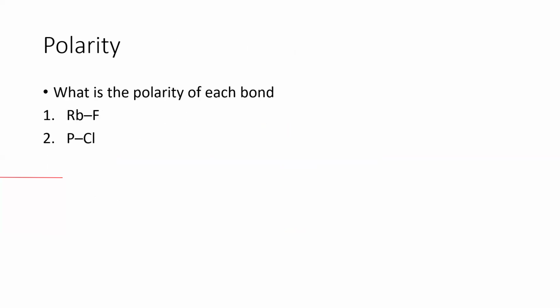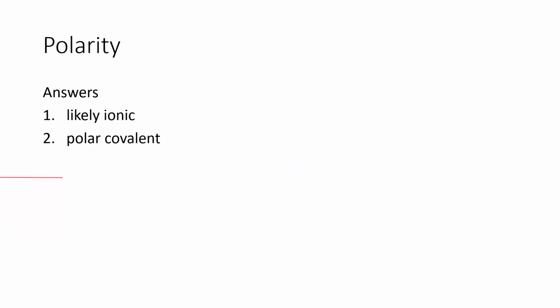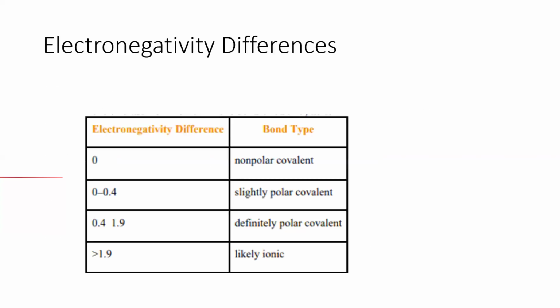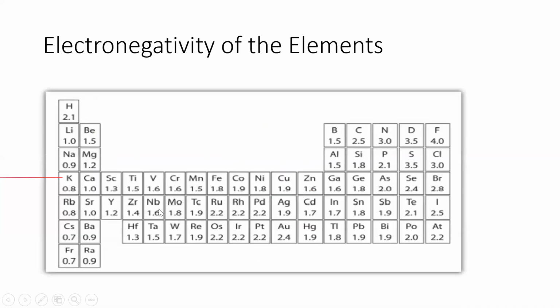Let's do this one. What is the polarity of each one? Rubidium and fluorine, and then phosphorus and chlorine. So now they are likely ionic and polar covalent. All you do is go to the table. Rb is 0.8.